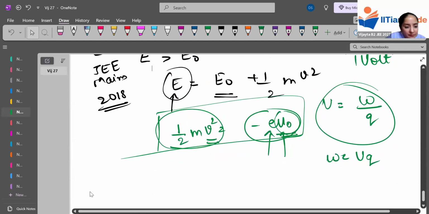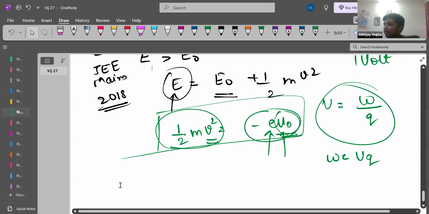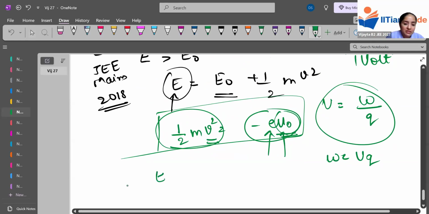Is the final value 0, like 1 by 2 mv square equal to minus? Why would it be 0? Because kinetic energy we don't want it. No, I just have to stop it, so it cannot be 0. It will gain, but I have to take the rest of the energy, which is the difference of this. This is nothing but howsoever much potential we need.